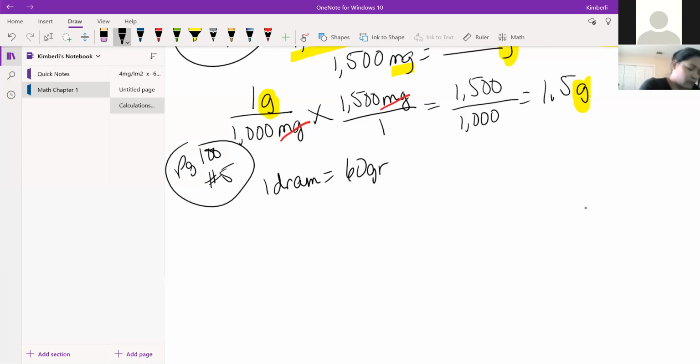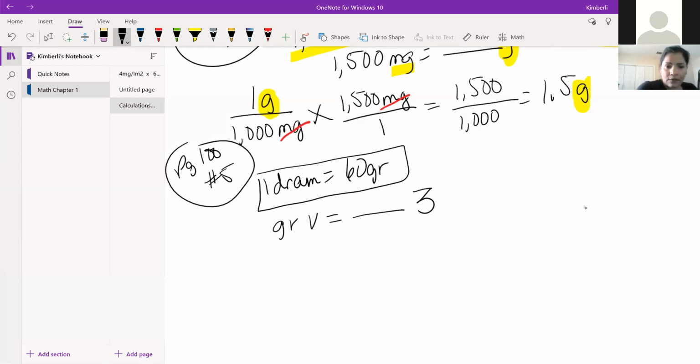So going back to the question here, it says GRV equals dram blank. So this is 5 grains is equal to how many drams? So we look at this, 1 dram is 60 grains. I want to end up with drams, right? So I'm going to put the 1 dram over 60 grains.